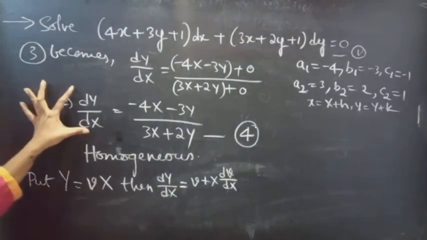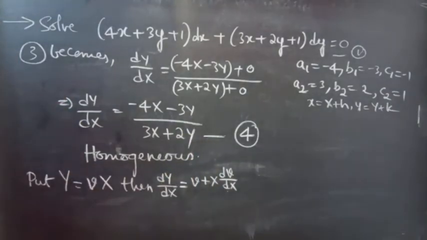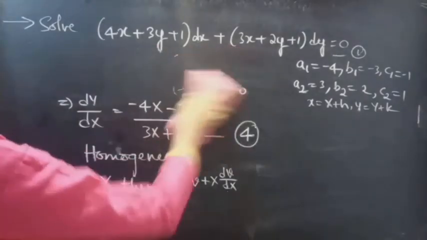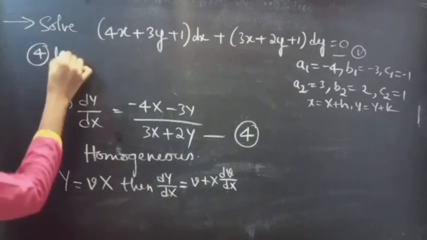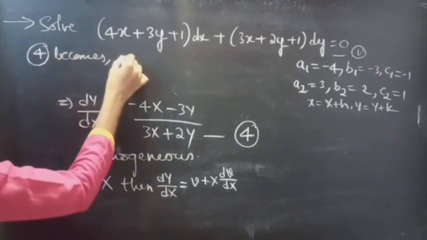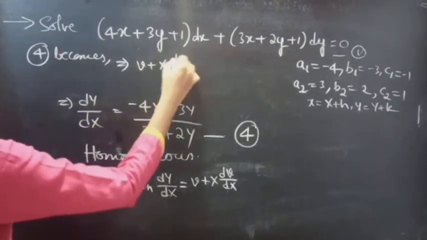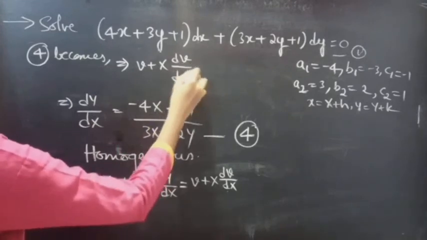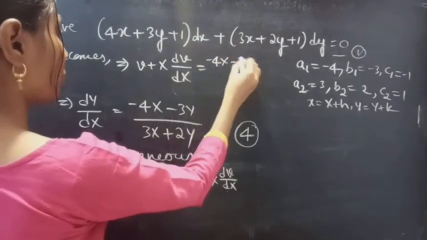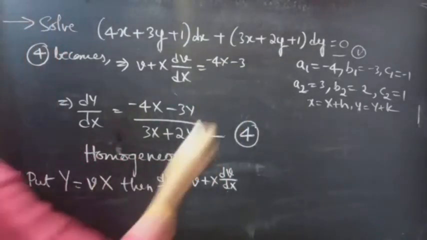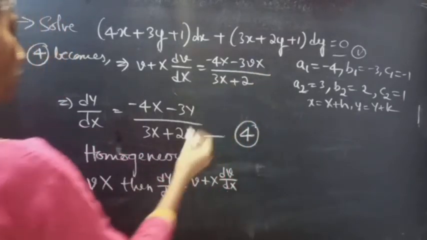Now we'll replace dy by dx by this and y by this. Then equation 4 becomes, replace dy by dx with v plus x into dv by dx equals minus 4x minus 3, replace y by vx, by 3x plus 2, replace y by vx.